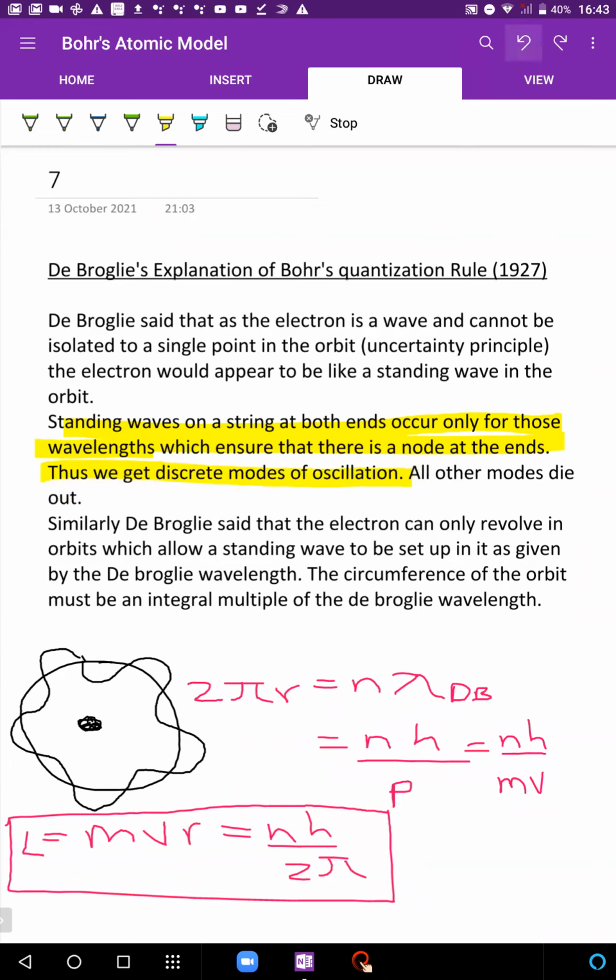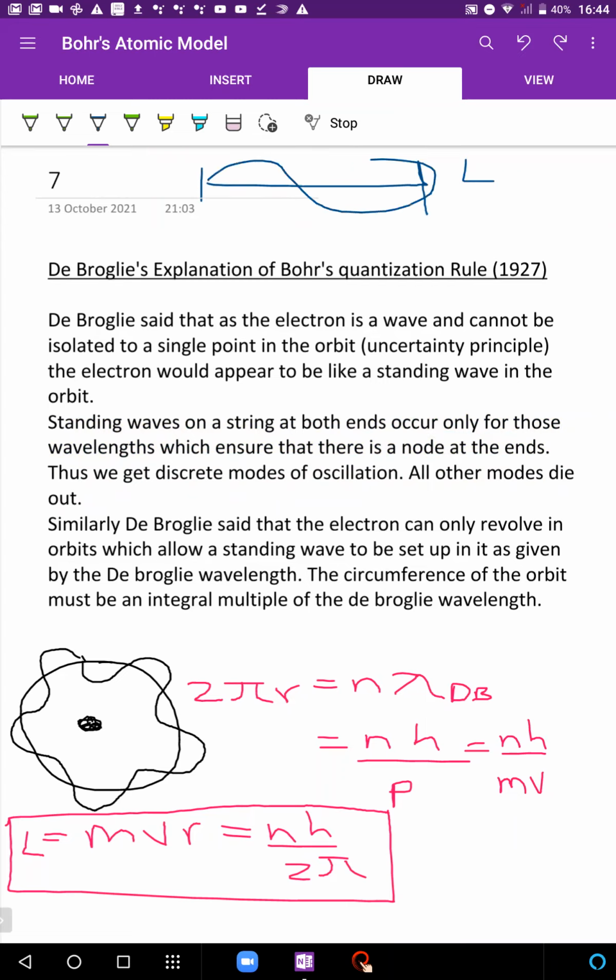So, for instance, if you look at a string whose length is L, we immediately know that the wavelengths the string can have can be 2L, first mode, or L itself, second mode, or 2L by 3, and so on and so forth, right?